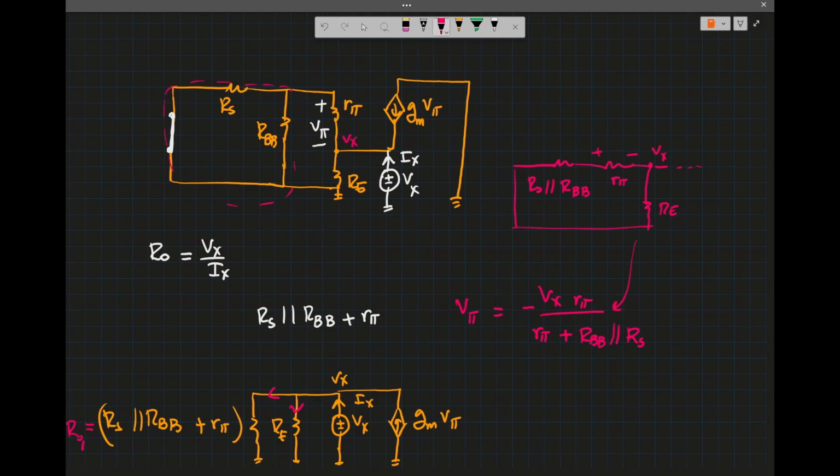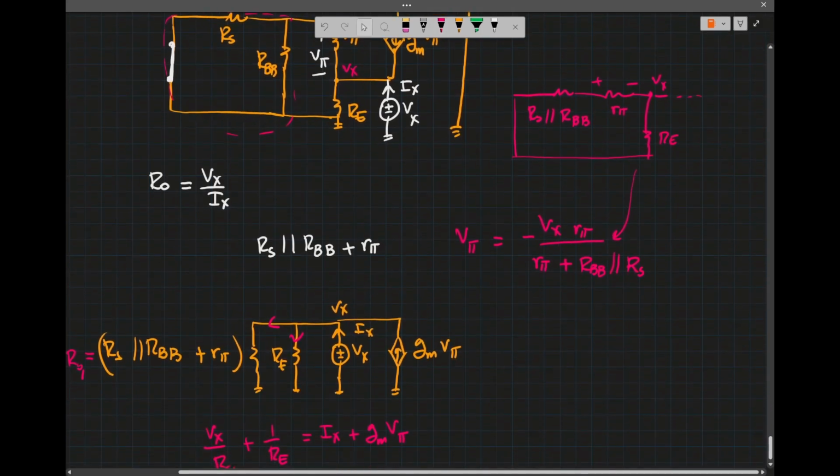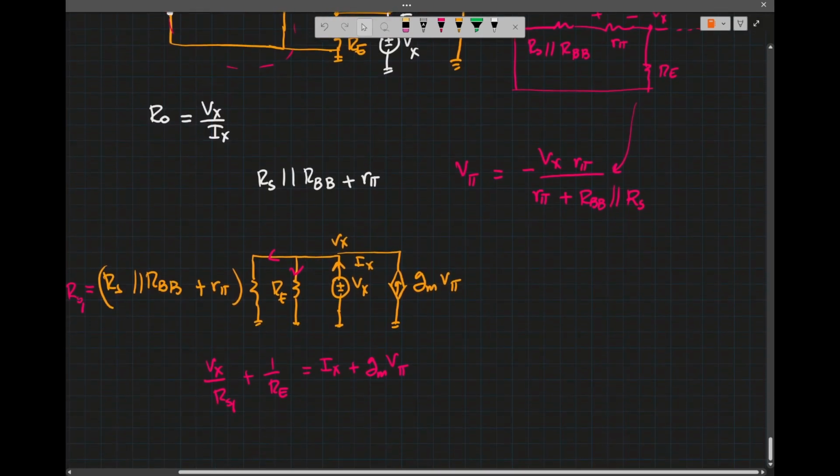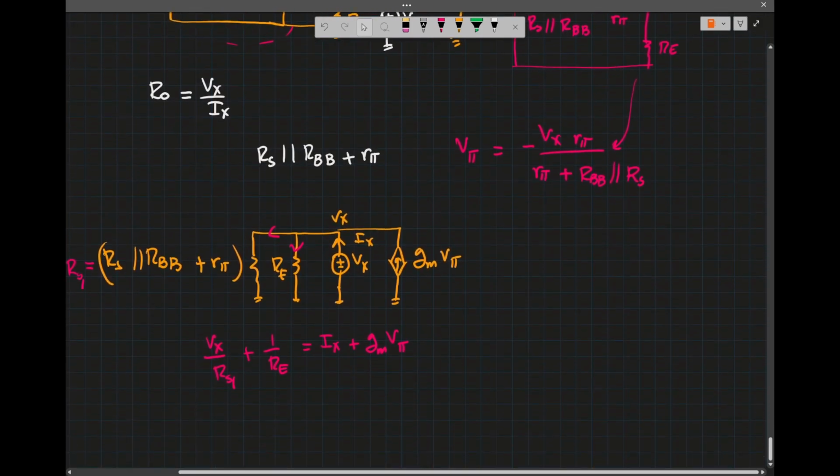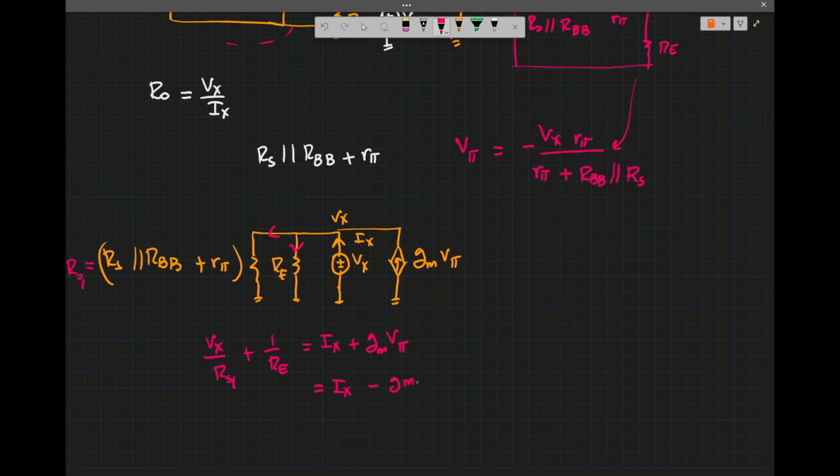So this is also Ix minus gm R pi, and gm R pi was equal to beta, so Vx over R pi plus RBB parallel RS.